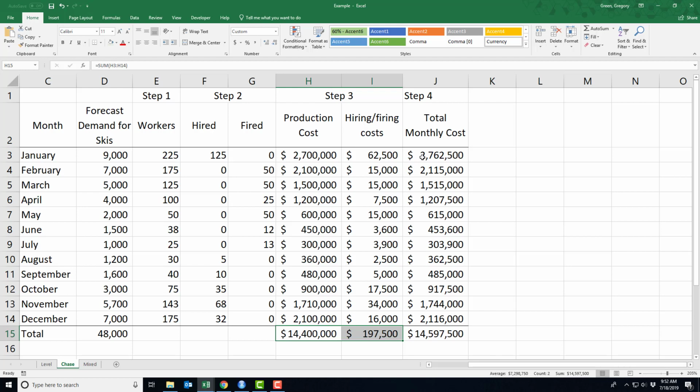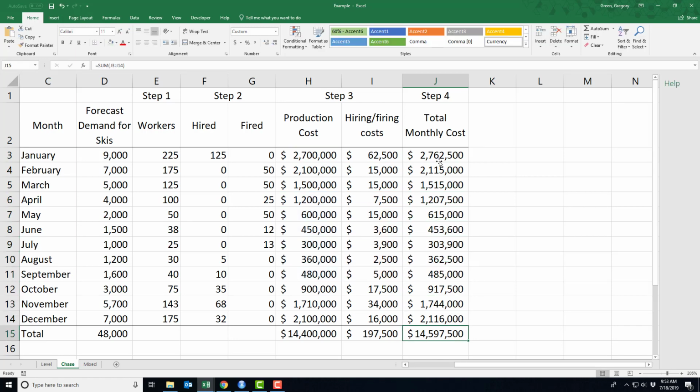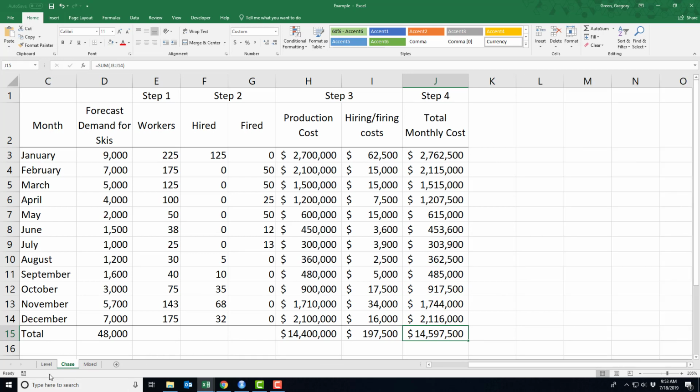But what I did instead is in step four, I created the monthly cost by adding together my production costs and my hiring and firing costs. Now, I know this seems odd to be hiring and firing so many more people than in the level process, but notice my bottom line is less.